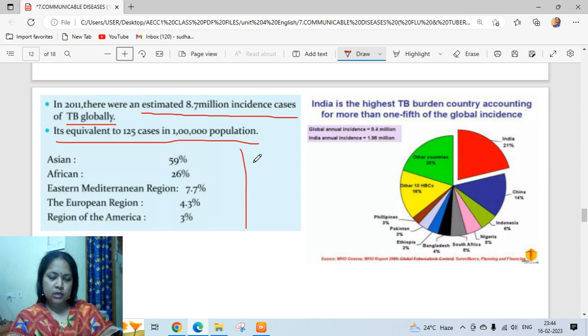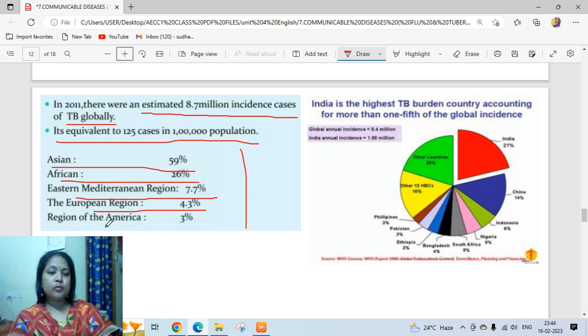If we look at the data in different continents, in ASEAN 59% of the TB burden is found, in Africa 26%, Eastern Mediterranean region 7.7%, European region 4.3%, and region of the Americas 3%.